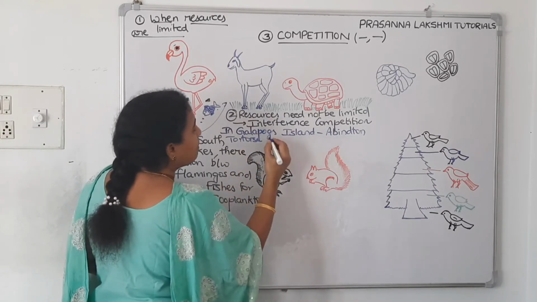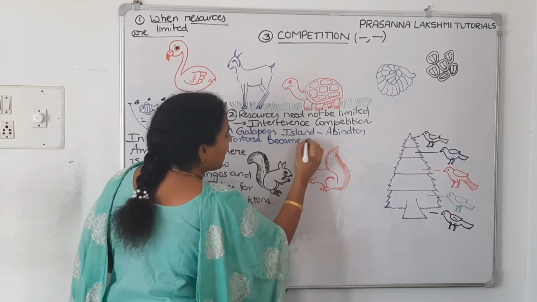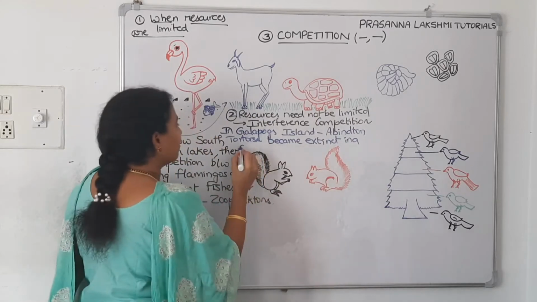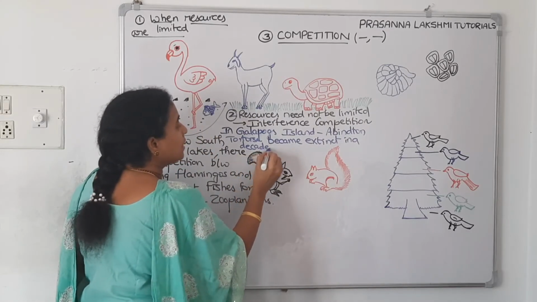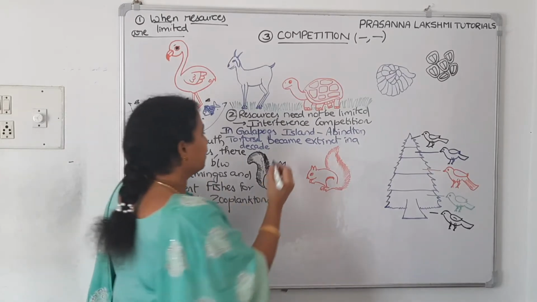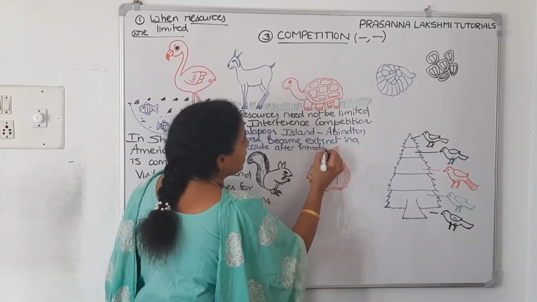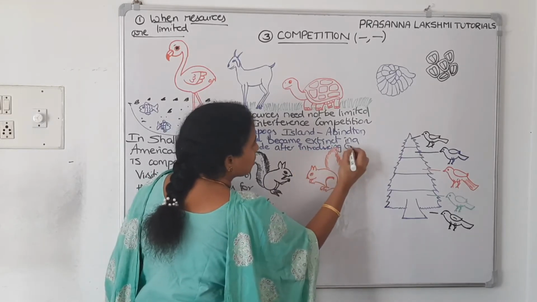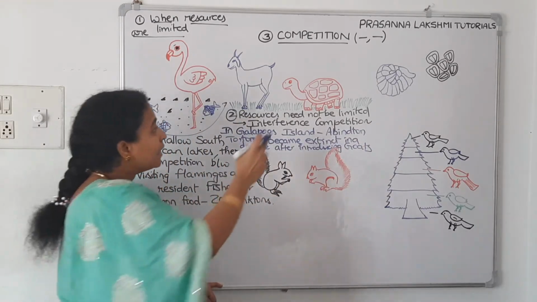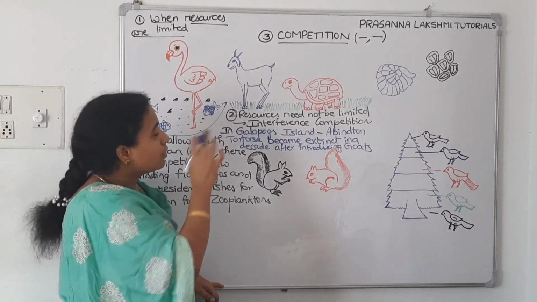Abundant tortoise became extinct in a decade, after introducing goats into the island.